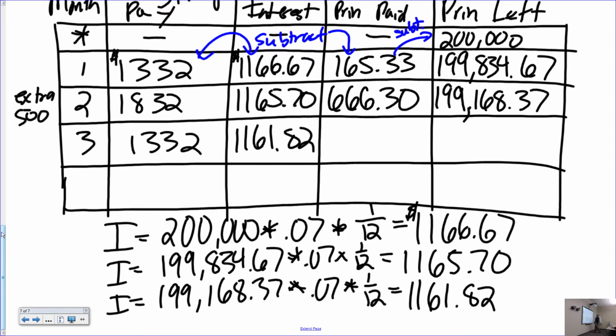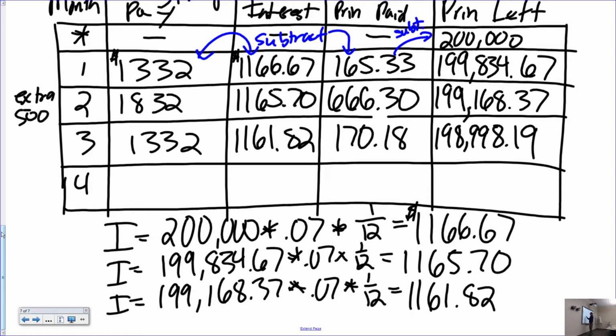How much of our house did we buy this month now that we went back to our normal payment? 170.18. Yeah. Subtract. What are we down to? 198,998.90. One more time, folks, and then we'll call it a day.